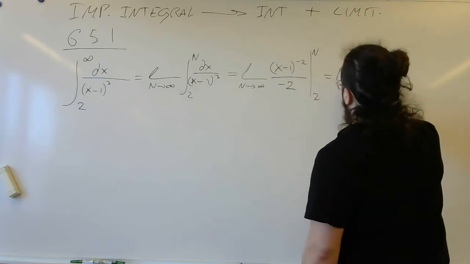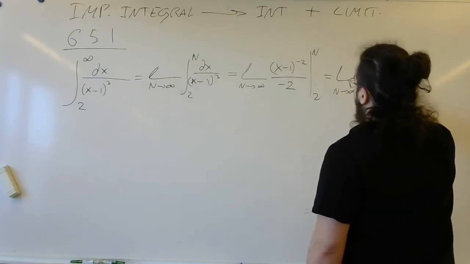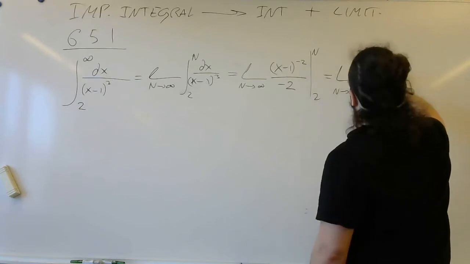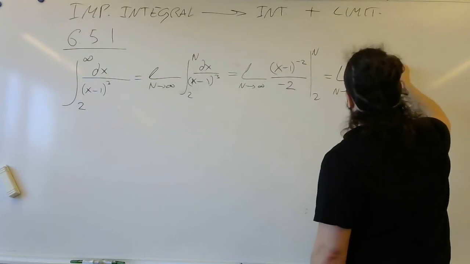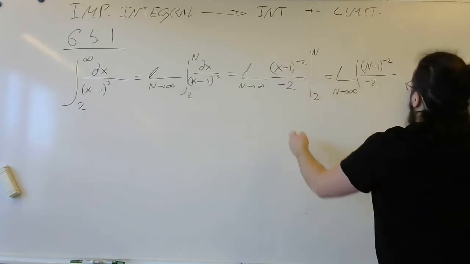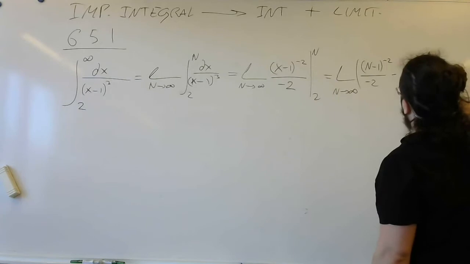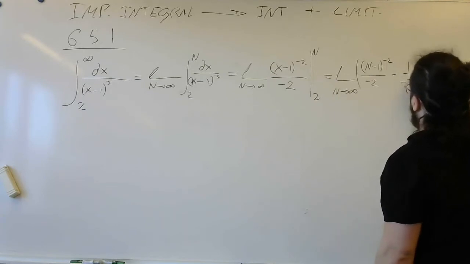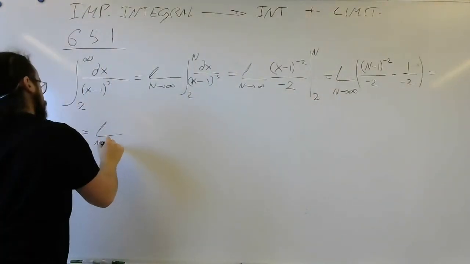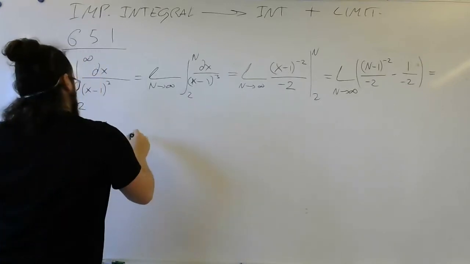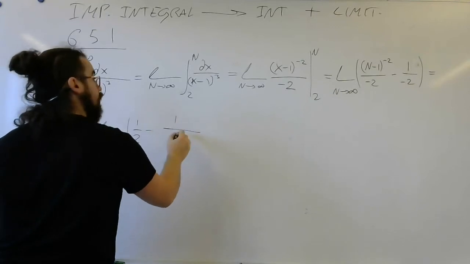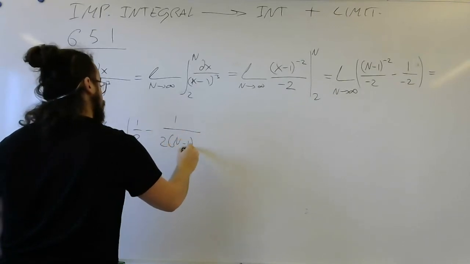If we evaluate this, we have the limit, n tends to infinity, of minus 2 minus 1, 1. And this is 1/2 minus 1 over 2(n minus 1) squared.